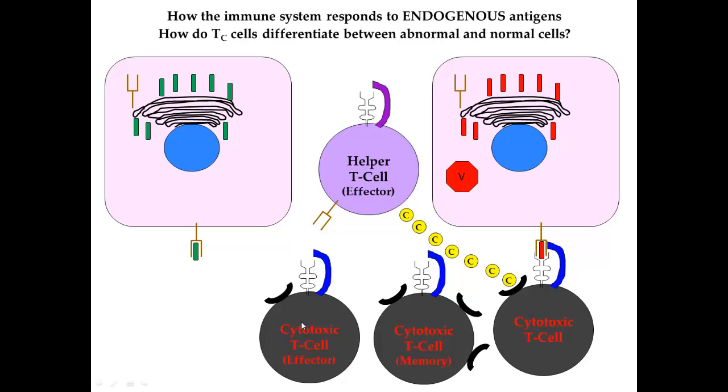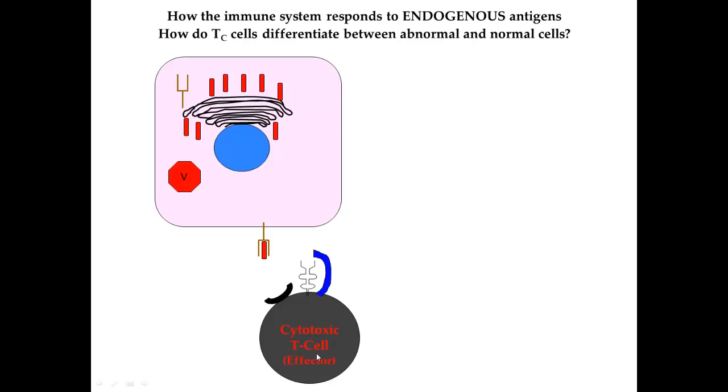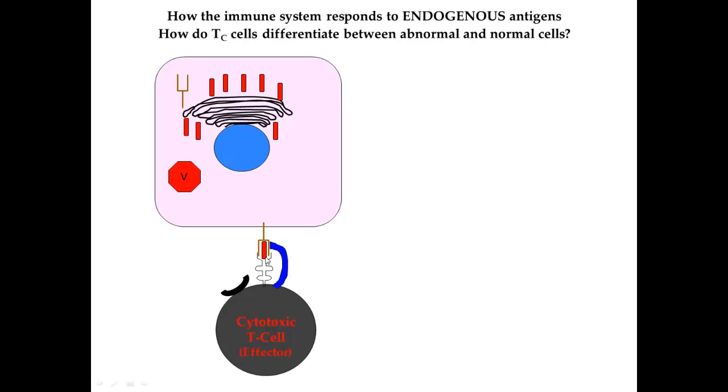Now let's take a look at what this effector cytotoxic T cell does. The effector cytotoxic T cells that get produced have a TCR that recognizes that same epitope. You'll remember that this T cell receptor binding to that epitope is stabilized by a molecule of CD8, because we're talking about cytotoxic T cells. So this is a CD8 molecule.